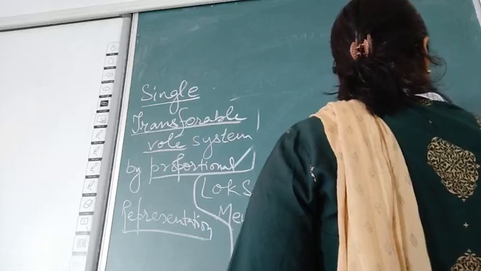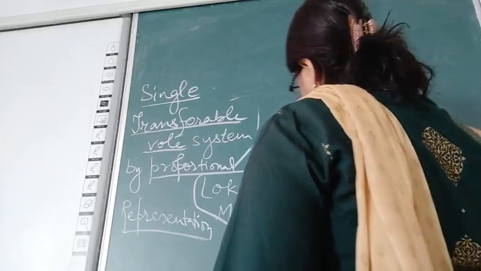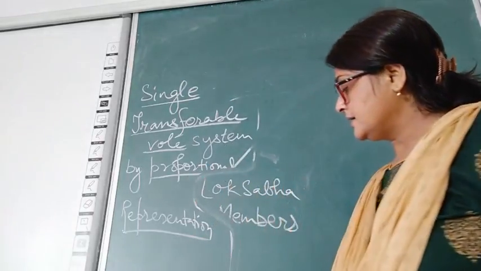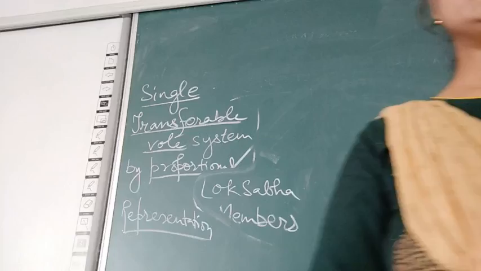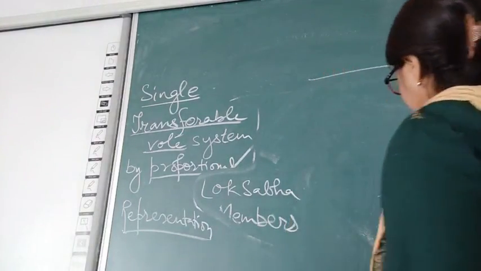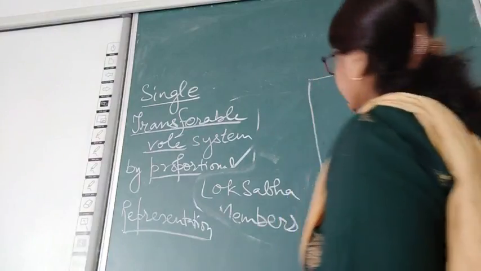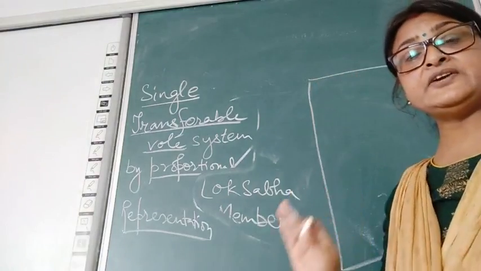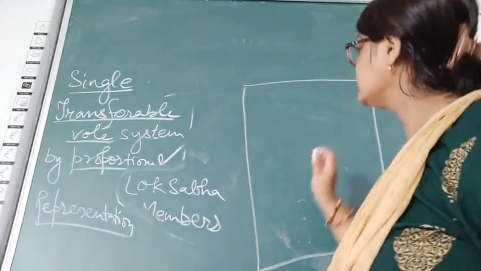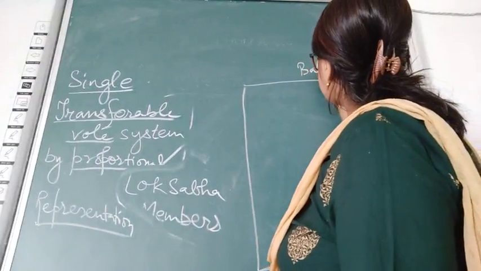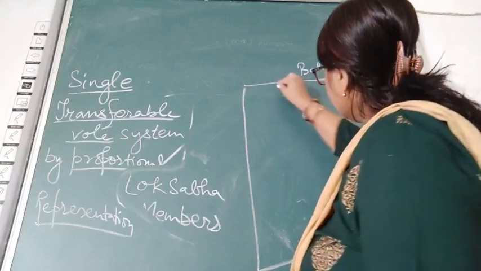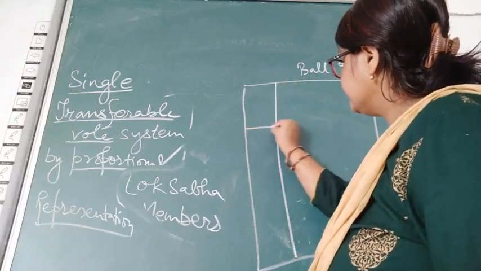Children, single transferable means that once the candidates, first I will show you, this is your ballot paper. What is this? The voting is done by secret ballot. And how the ballot paper looks? Like this. This is your ballot paper. Where are the candidates?